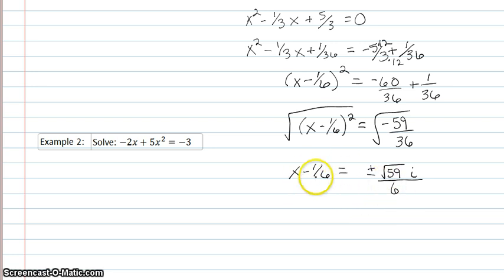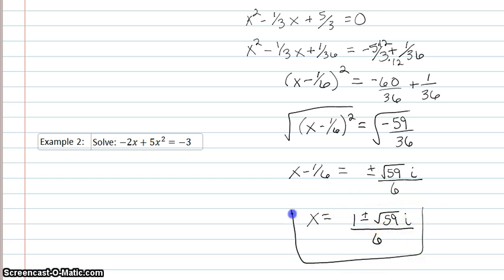Okay, and then my last step is to add the 1/6 to the other side to get the x by itself. So I'll have x equals 1 plus or minus the square root of 59i all over 6, because they both had the common denominator of 6 already, so I'm just going to write it as one big fraction. And then that's my answer.